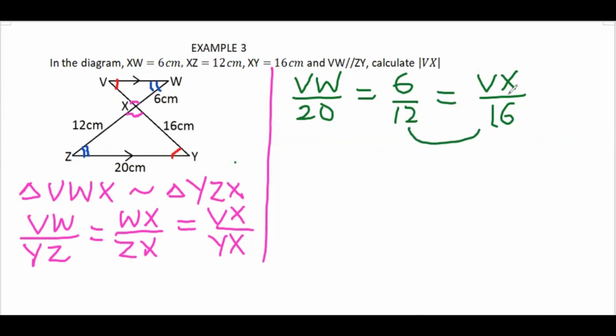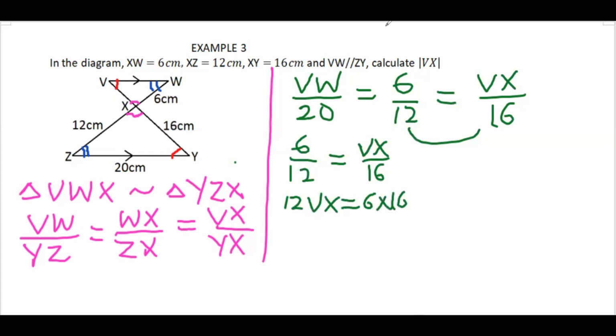So that means you can cross multiply for them. If you have 6 over 12, 6 divided by 12 equals VX over 16. Cross multiply, you have 12 VX equals 6 times 16.